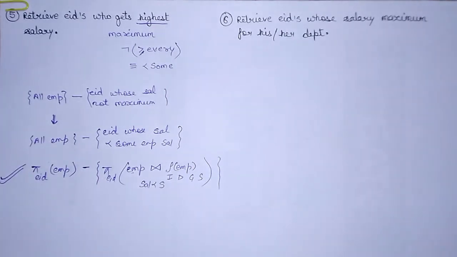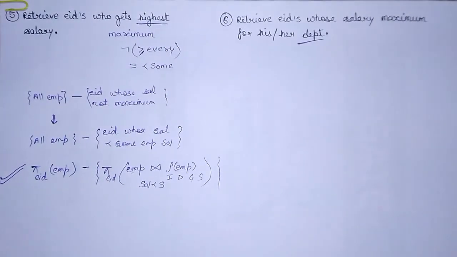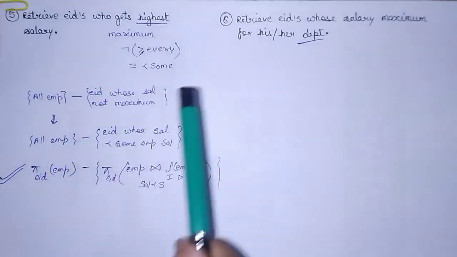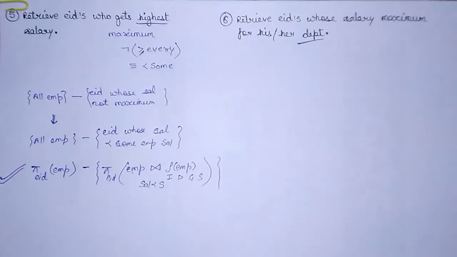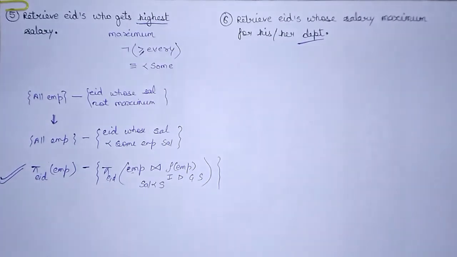Now in the sixth, we have to retrieve the employee ID whose salary is maximum for his particular department. So there is only one difference between this fifth query and the sixth statement: we are having a new thing, which is department. So the rest will all be the same as this.